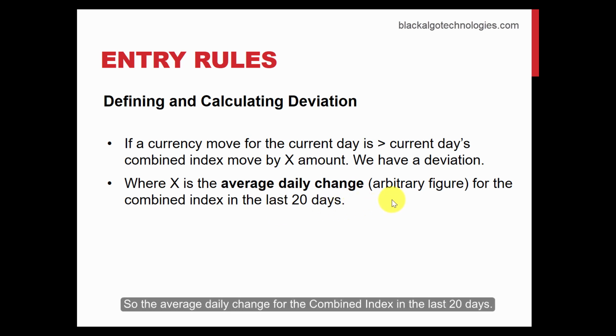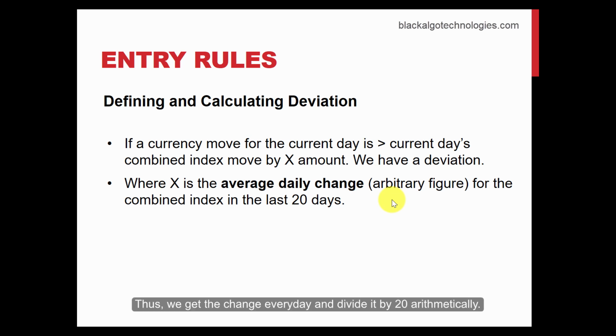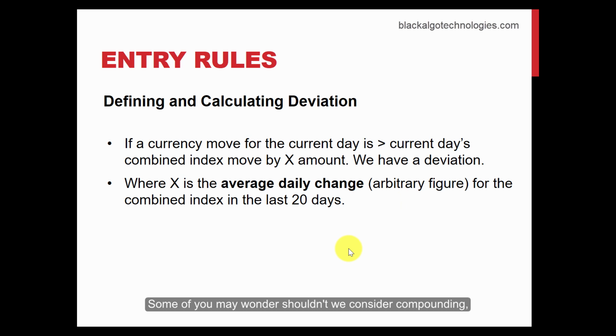So the average daily change for the combined index in the last 20 days. Thus, we get the change every day and we divide it by 20 arithmetically. Some of you may wonder, well, shouldn't we consider compounding? So instead of having a total change over 20 days divided by 20, you should take that value to the power of 1 over 20. We will keep it simple for now and just use arithmetic division.